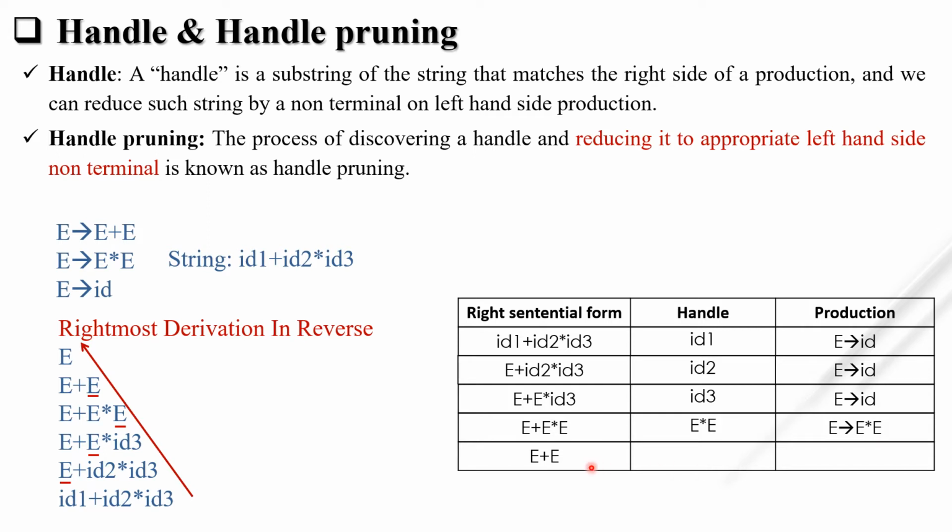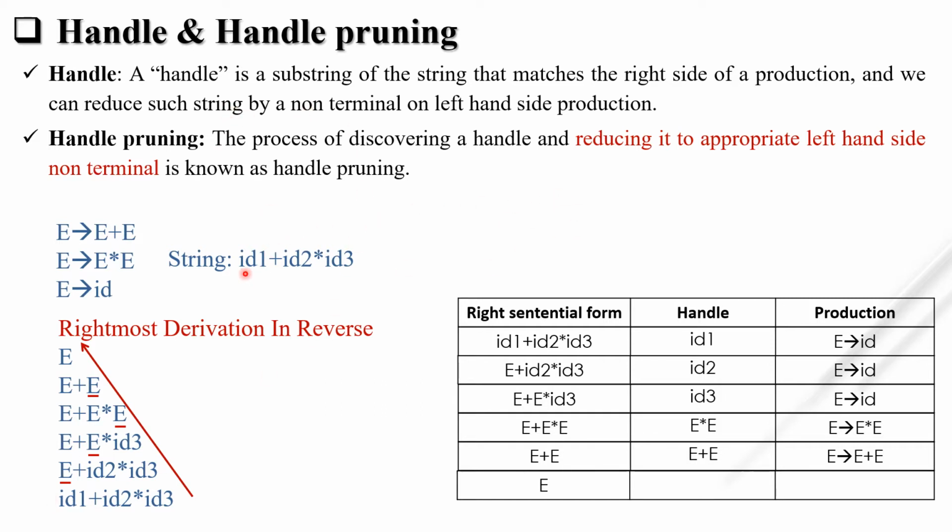What is our next handle? E plus E, because E plus E can be reduced with E. So here parsing will be done. How? In bottom-up parsing we are going from leaf nodes to the starting symbol, but in top-down parsing we go from the starting symbol to the leaf nodes. So once again, what is a handle?